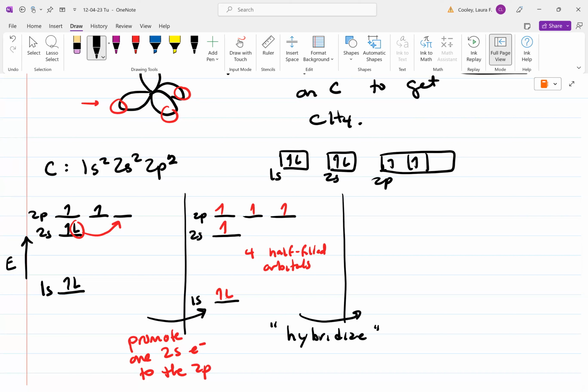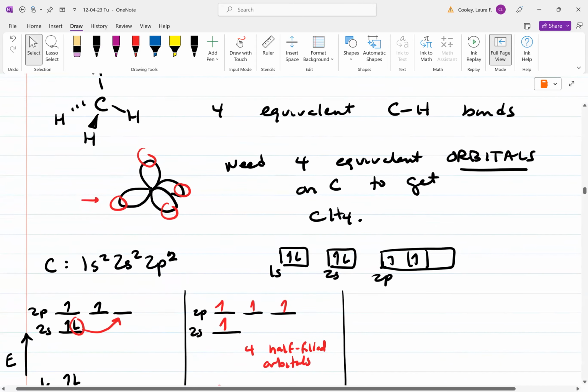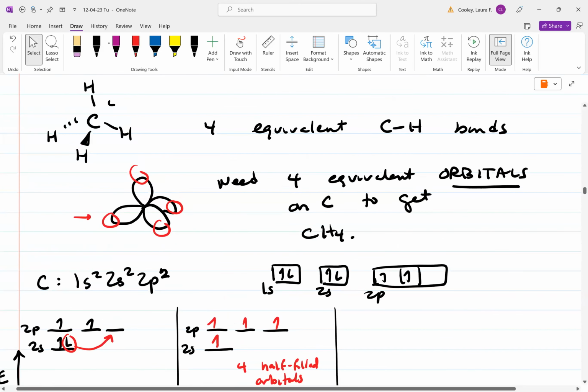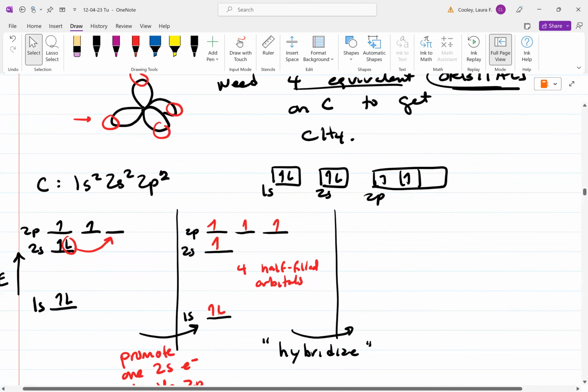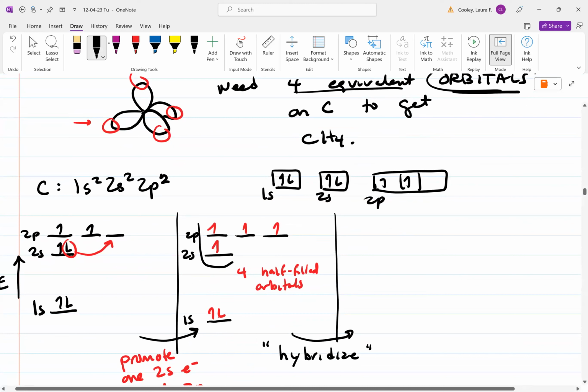But anyway, what we do is we take a look at the CH4, and we realize that we have 4 groups of electrons here. That tells us we need 4 equivalent orbitals, okay? And so we take these orbitals that are different from each other.